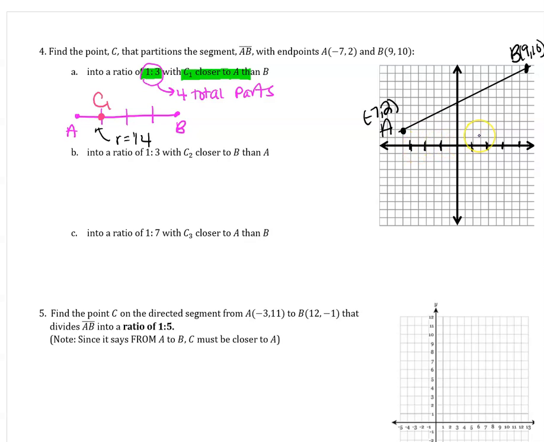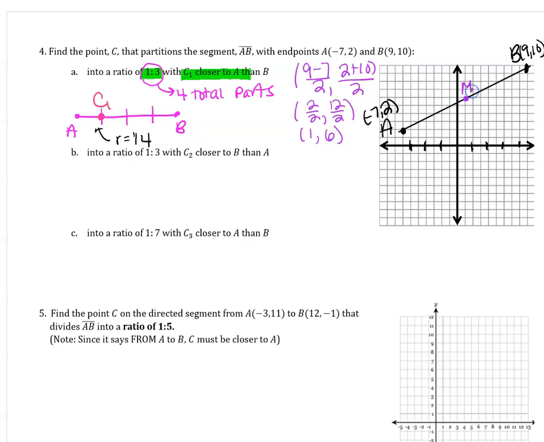From a visual standpoint, you might be able to locate the midpoint, but if not, we know that we can find the average of our x's and average of our y's. So it'd be (9 minus 7) over 2 and (2 plus 10) over 2 for the whole segment. That's 2 over 2, 12 over 2, so I'm finding that coordinate to be (1, 6).